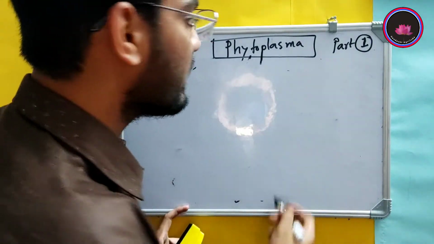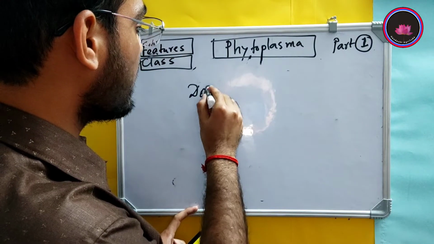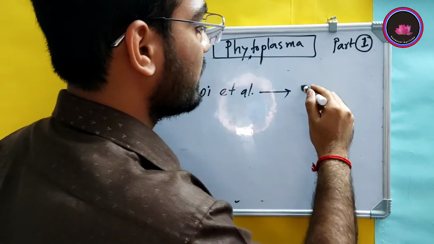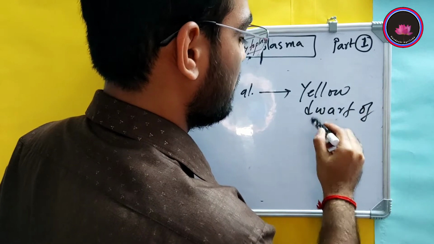Talking about the important historical background of the phytoplasma, we all know that Doi et al. first discovered the phytoplasma in the yellow dwarf of mulberry.